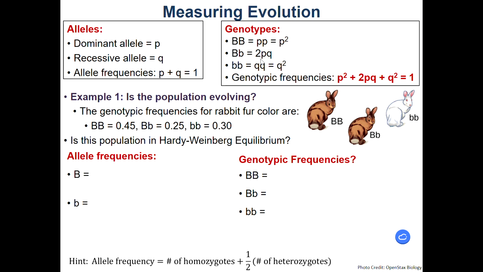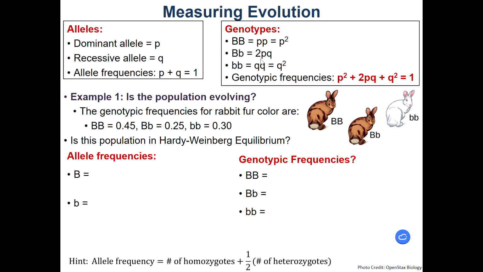First, what we need to do is figure out what our allele frequencies are, okay? So we know our genotypic frequencies, but we need to figure out our allele frequencies. So remember, when we know our genotypic frequencies, our allele frequency is equal to the number of homozygotes plus 1/2 of our heterozygotes.